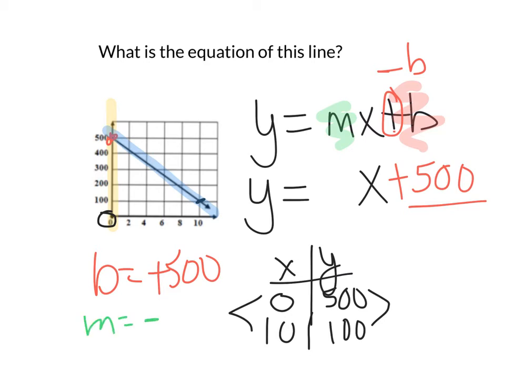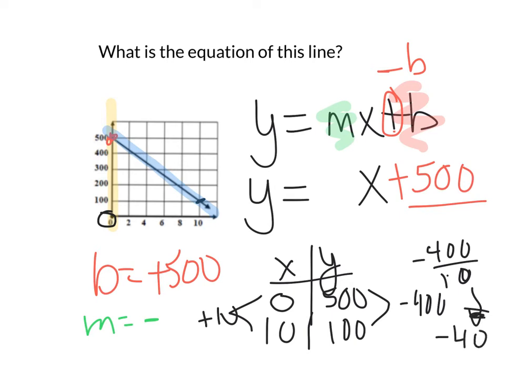So let's figure out how much we're moving down in this case. 500 to 100 is a minus 400. 0 to 10 is a plus 10. Then I take negative 400 divided by 10, and that comes out to negative 40. So in this case, my rate of change, or my slope, is negative 40. Now all I have to do is take this and plug it in here.